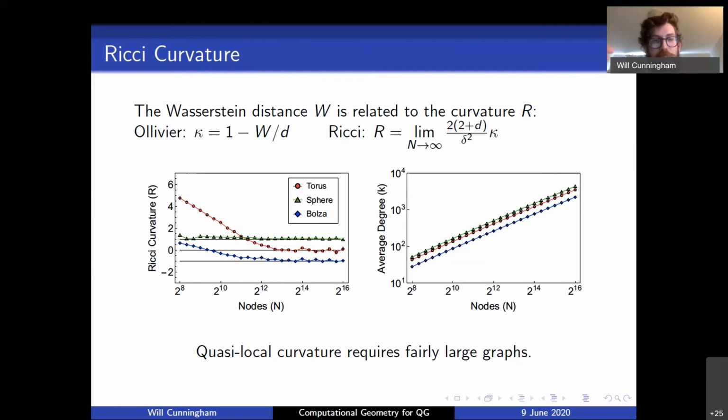And so the way that breaks down is that you end up with two neighborhoods, which each are comprised of half of the nodes in the graph, and you end up with some very slow convergence at a logarithmic rate. So here I've given three examples. One is the torus, which has flat curvature. One is the sphere, which has positive curvature. And the last is this Bolza surface, which is like a double donut.